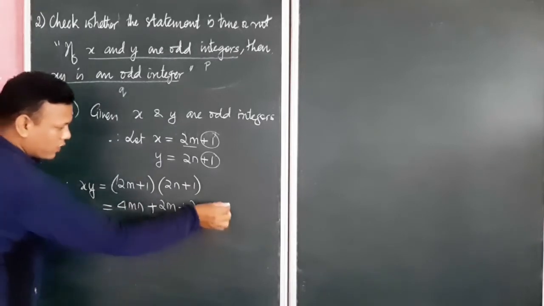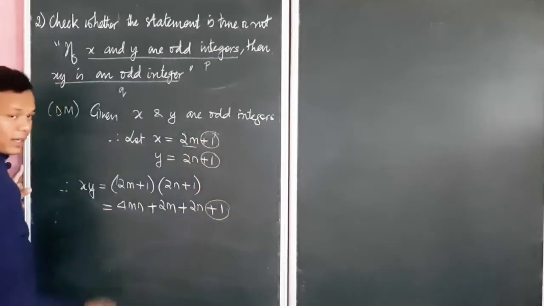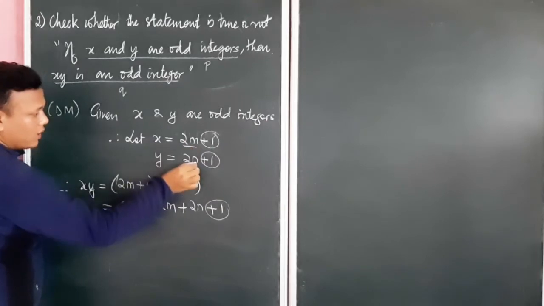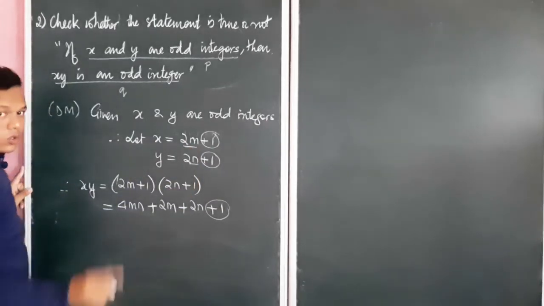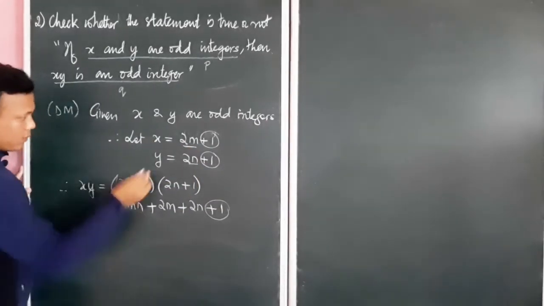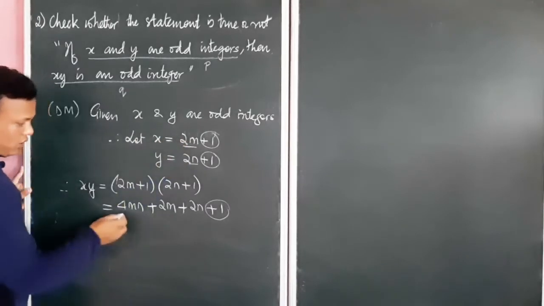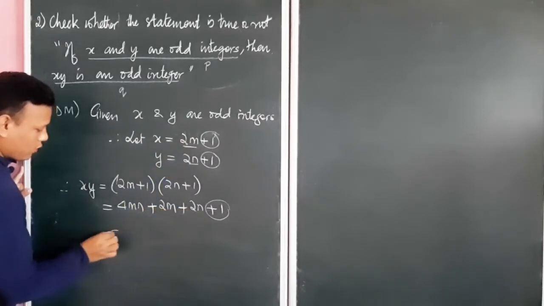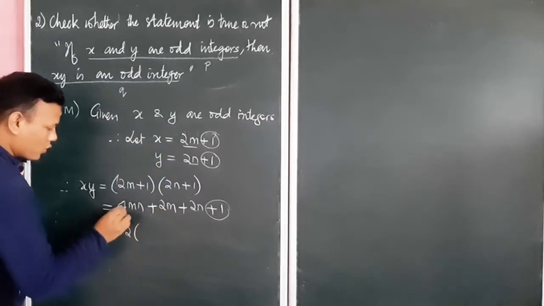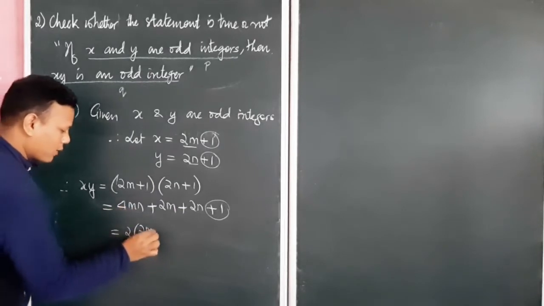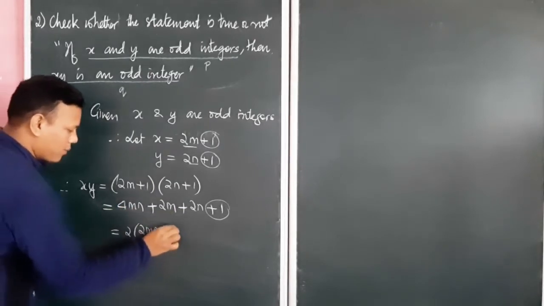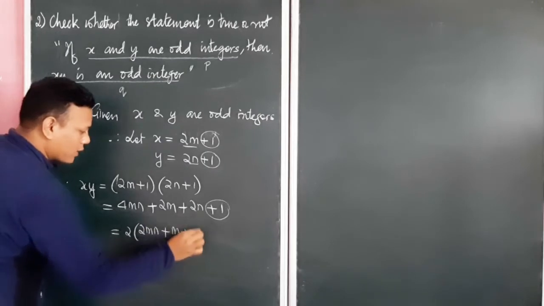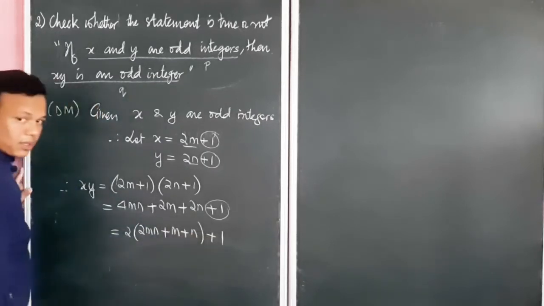Now we can see plus 1 in the same way, but this full thing has to be an even number. We have to keep note of that as well. That means we have to take 2 common. So if I take 2 common, from here we have 2 into 2mn, plus from here m, plus from here n, and we have plus 1 separately, right?